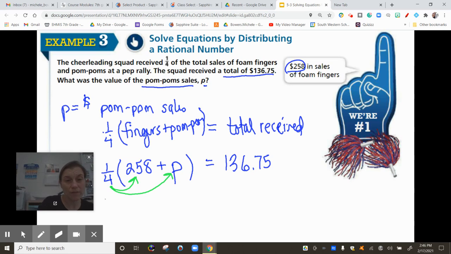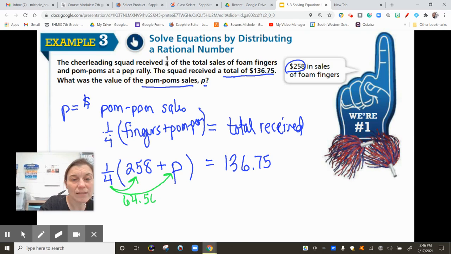So 1/4 times 258 is $64.50 plus 1/4 times the pom-poms equals $136.75.